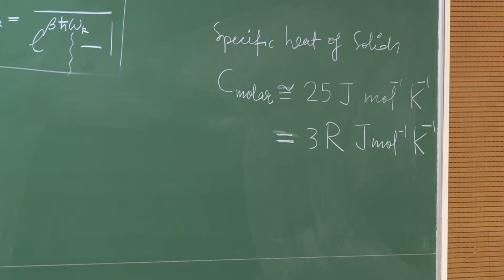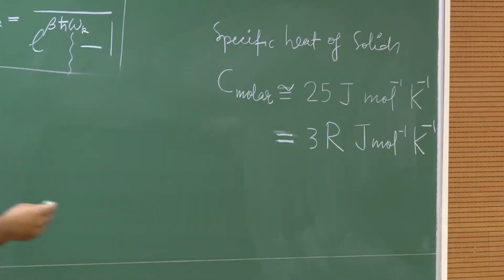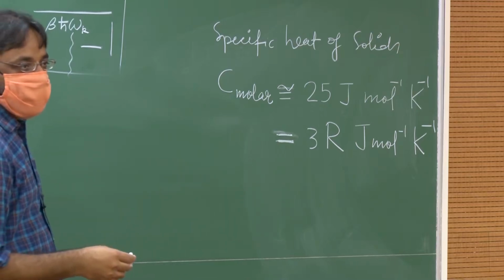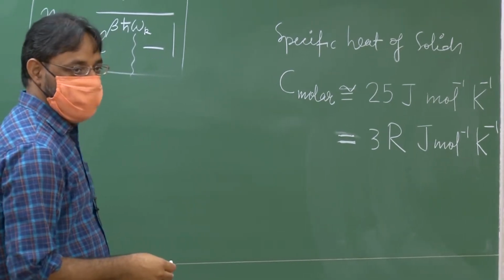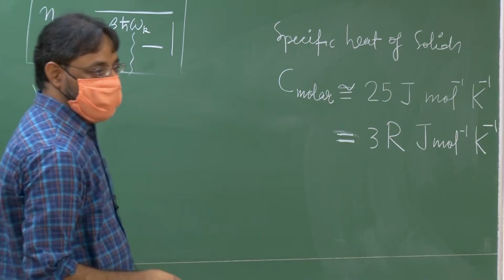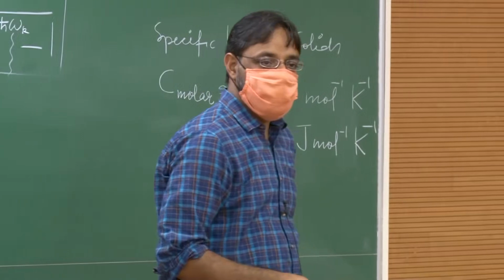So, how many degrees of freedom it has? 3. And if you use equipartition of energy, then each degree of freedom has half kBT energy associated to it. So, it will be 3 by 2 kBT, right. And if you take the derivative of that, you will get the specific heat at constant volume for a gas, right, and that will come out to be 3 by 2 R.